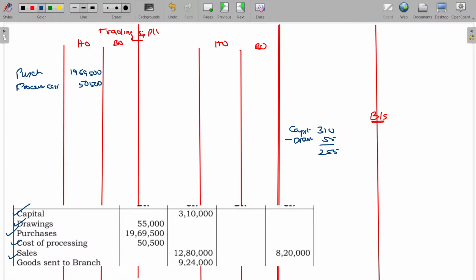Sales in HO 12,80,000. Sales in branch 8,20,000. Goods sent to branch from HO to the branch office, 9,24,000. That's all.